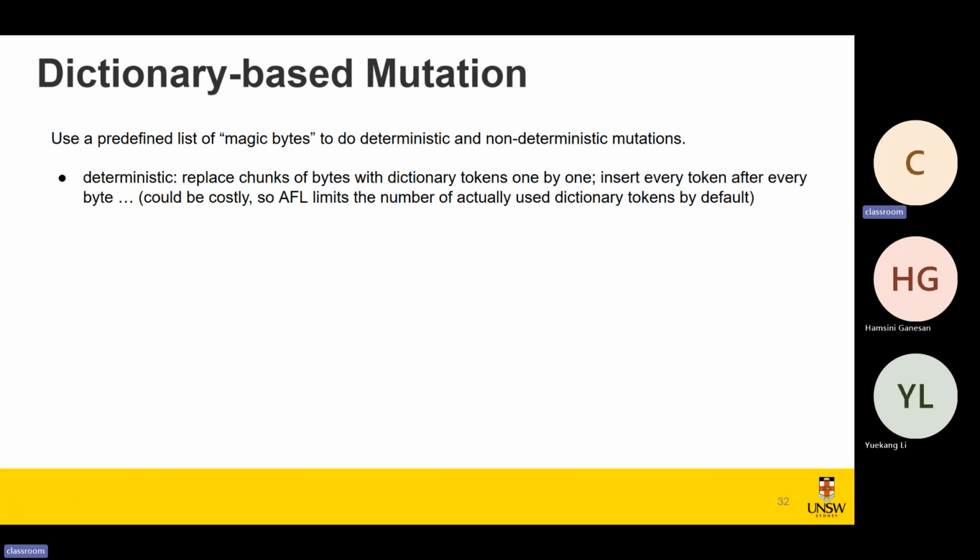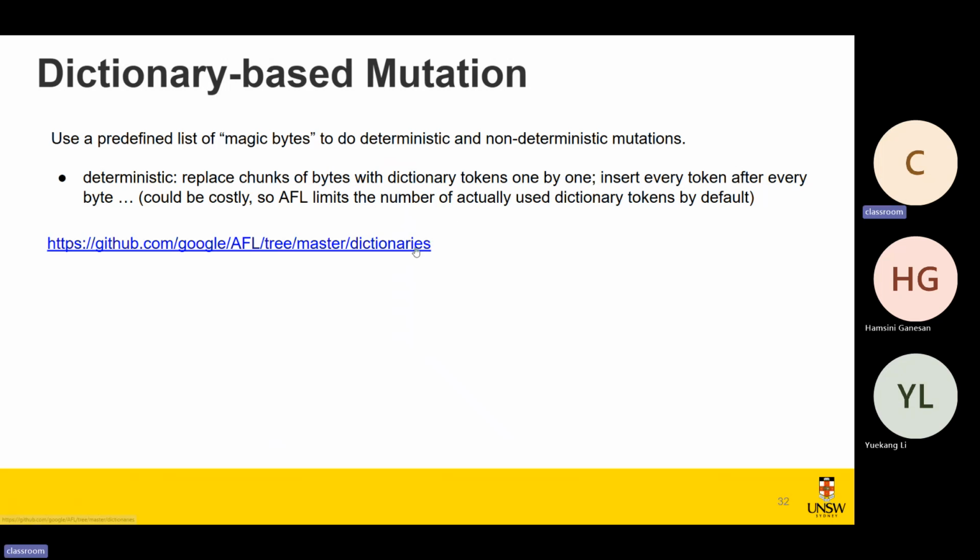The deterministic mutation will try to replace chunks of the file content with the tokens we have given. With each token, it moves byte by byte and switches several consecutive bytes with that token in the list. For every token in the list, for every byte, it will do this replacement. So this could be very costly, right? As we can imagine, the total number of tries is the number of bytes times the number of tokens we have. So this could be very, very costly.